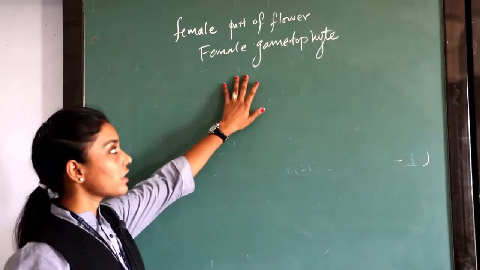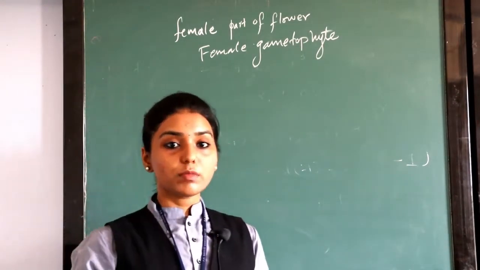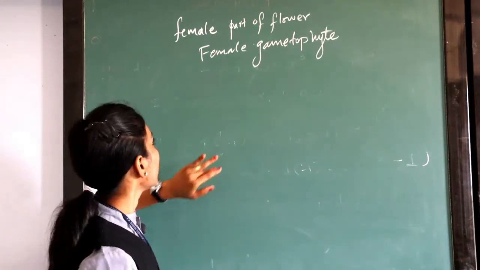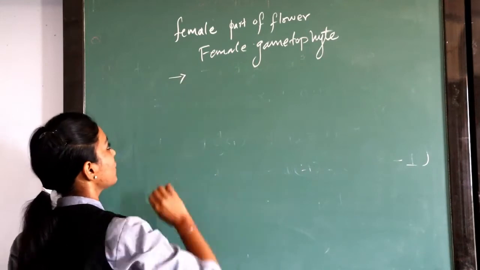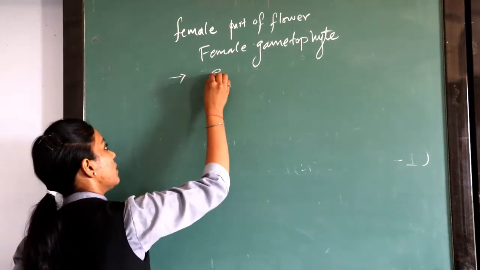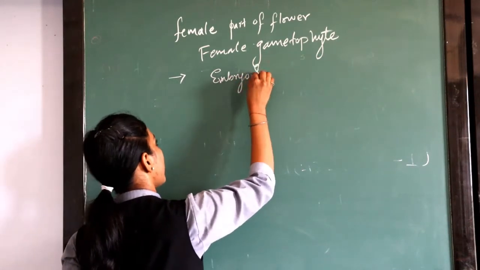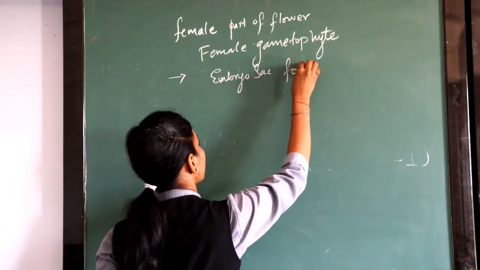In the starting part of this chapter, I have drawn the diagram of a flower which comprised both the male and female part of a flower. Now in this female part of a flower, we will be seeing embryo sac formation.